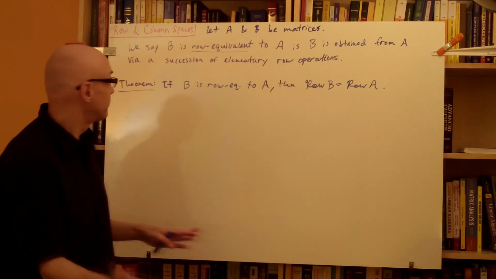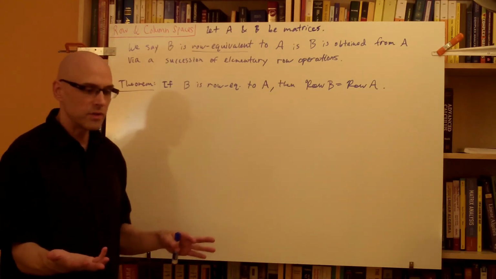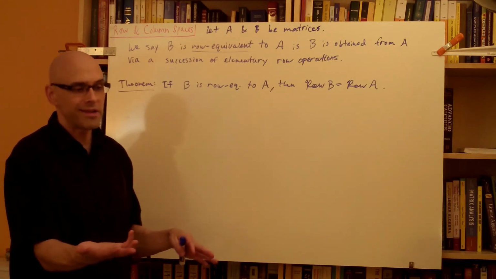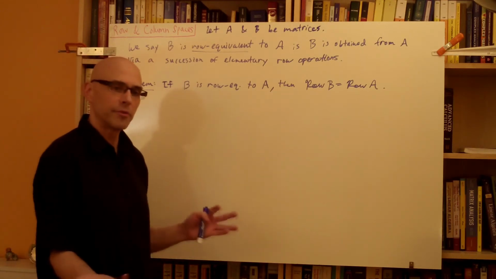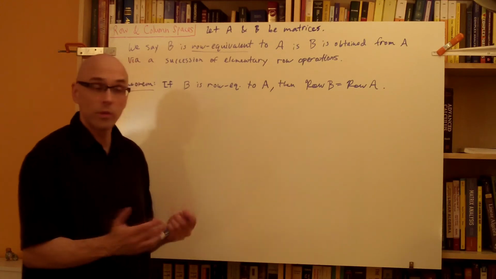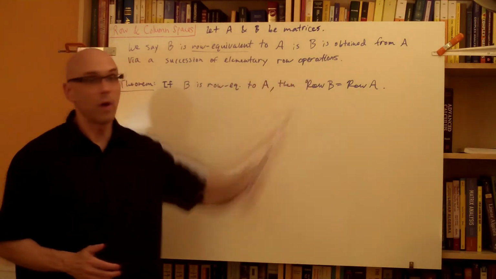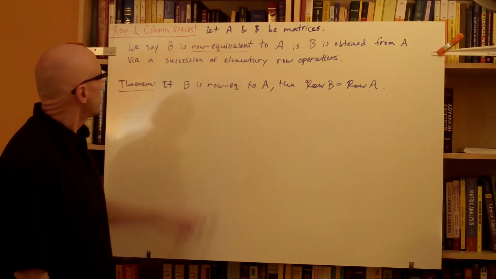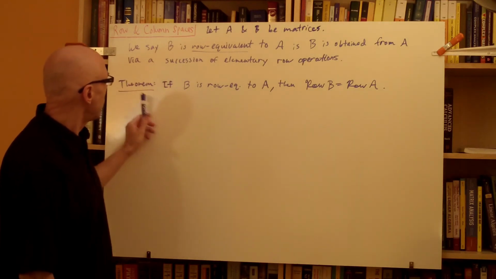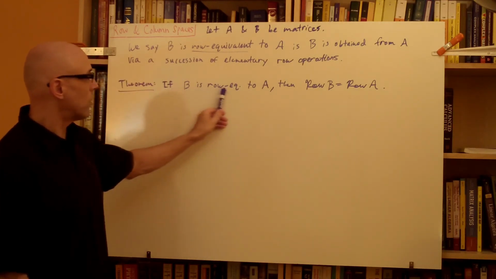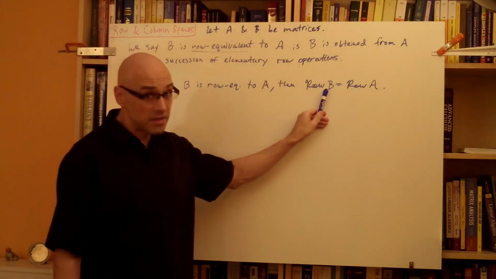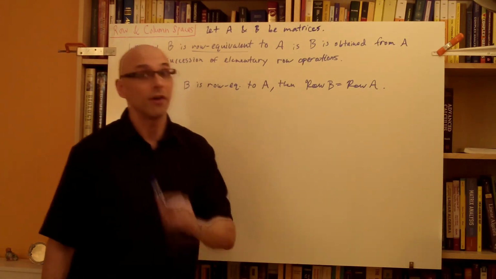And that's it. Those are the kinds of things you did to perform Gaussian elimination to solve a system of equations back in chapter 2, so you should be familiar with them. And a theorem here states that if B is row equivalent to A, then the row space of B equals the row space of A.